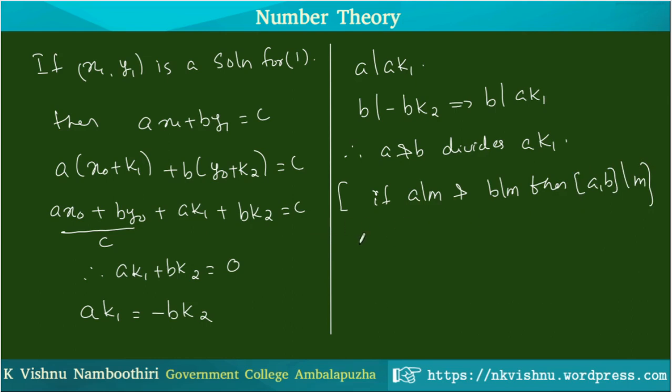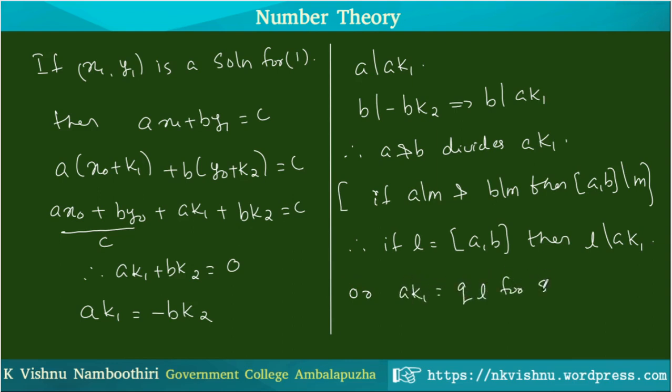So using that, if L equal to LCM of a and b, then L divides a k1, or a k1 is equal to q into L for some integer q.